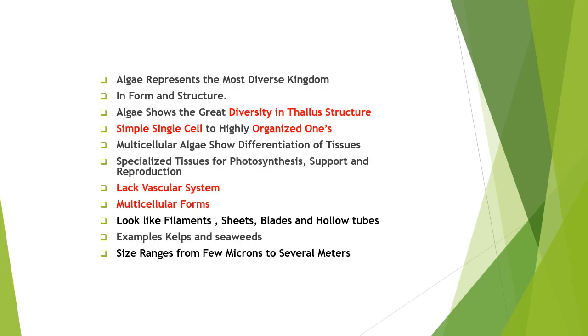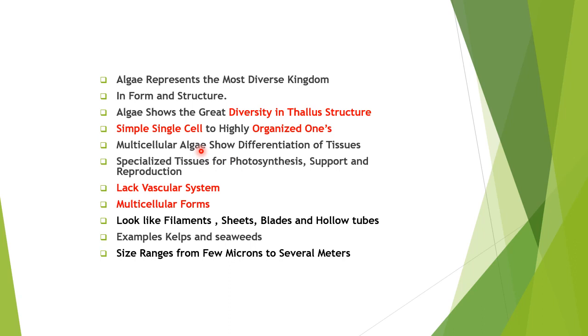So algae, as we have seen, represent the most diverse kingdom as far as form and structure are concerned, and they show a great diversity in thallus structure. It ranges from a simple single cell to highly organized forms.